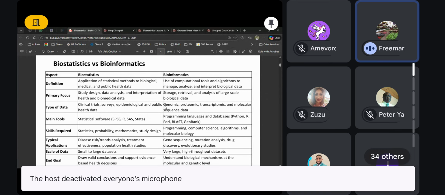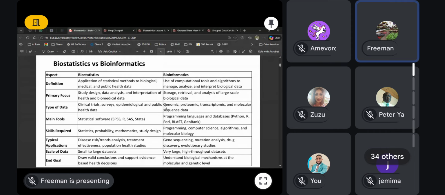I think we have to rename the course to biostats, and bioinformatics for those who want to do a little more programming.